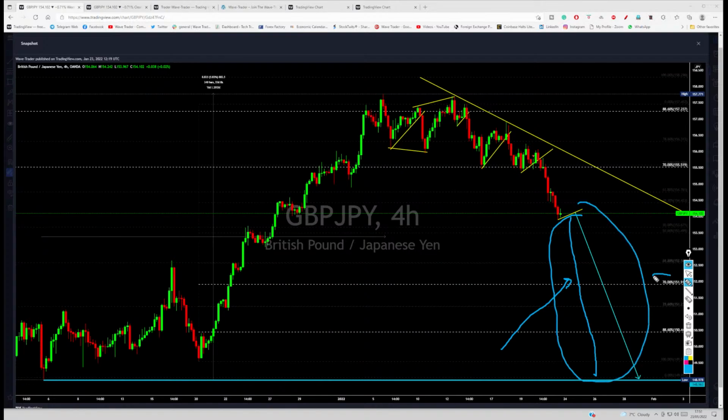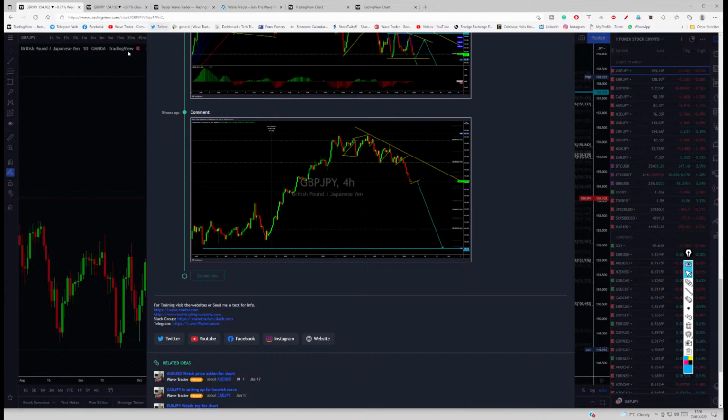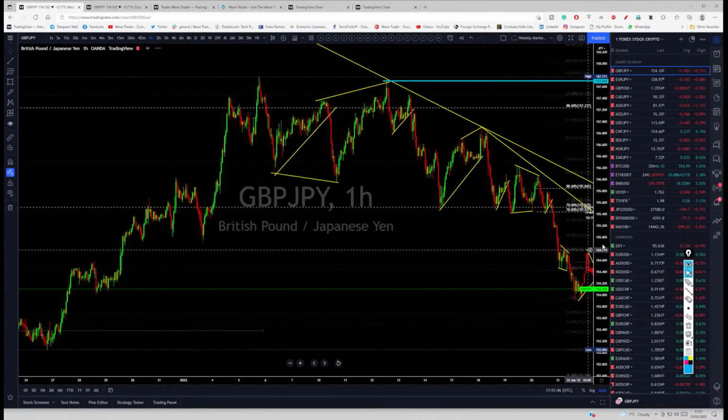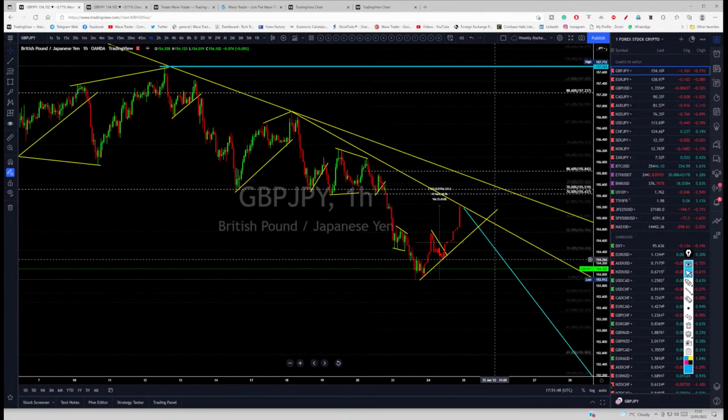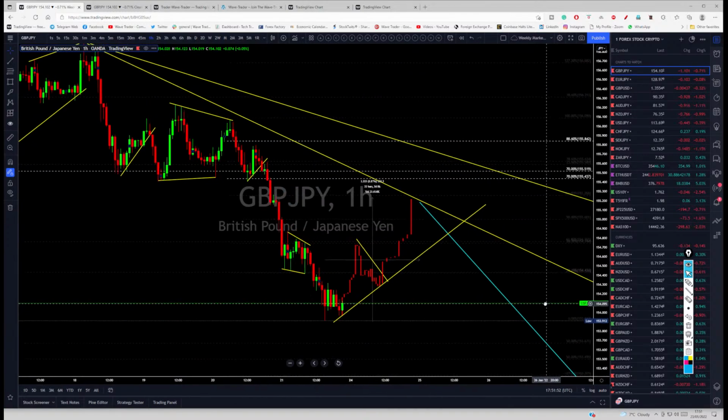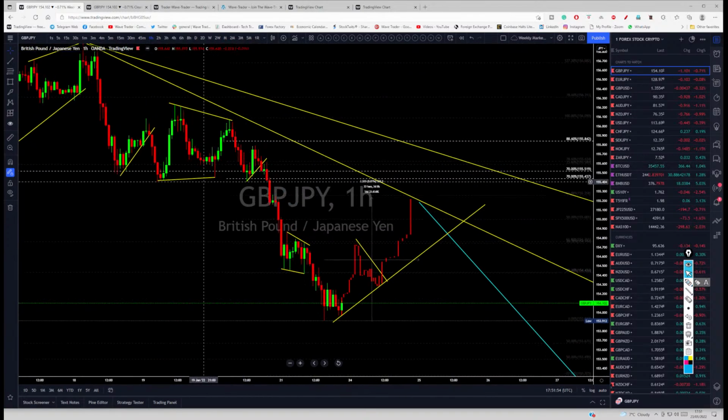Your first target is going to be 70%, these areas, and in the best case scenario, this previous low. On the lower time frame, this is the chart you should follow. Again, a similar kind of pullback like the euro yen. First of all, you are looking at the 1 hour time frame, so setting up for a 1 hour time frame pullback.